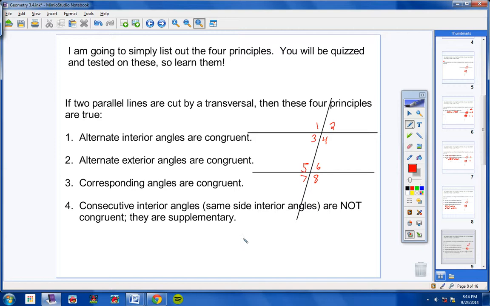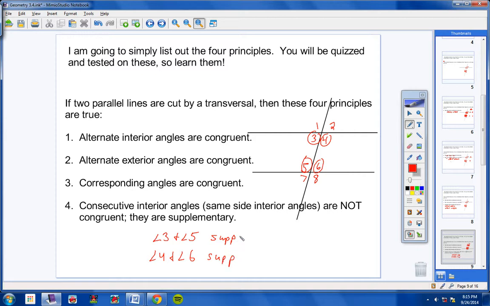They're supplementary. Okay, so angle 3 and angle 5 are supplementary. Angle 4 and angle 6 are supplementary.